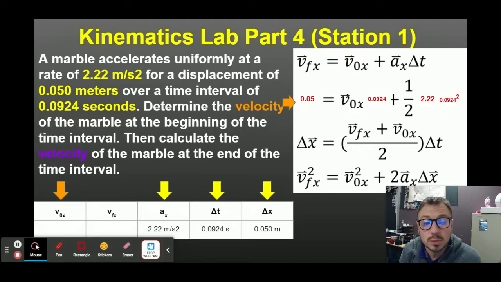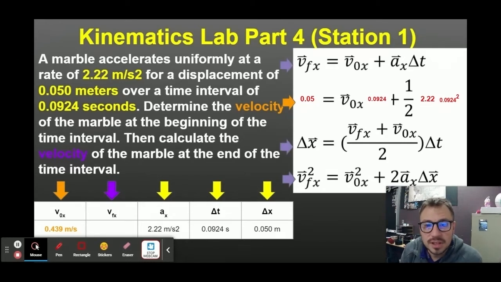That's just the unknown. That's one variable. Just imagine placing a big X over it. Solve for the unknown. Then once I do that, I get 0.439 meters per second. Notice my answer has 3 significant figures, because my answer can only be as accurate as my least accurate measurement.